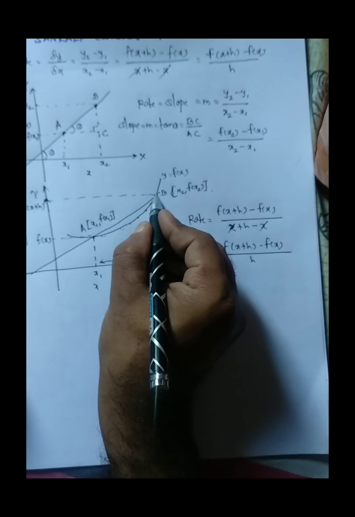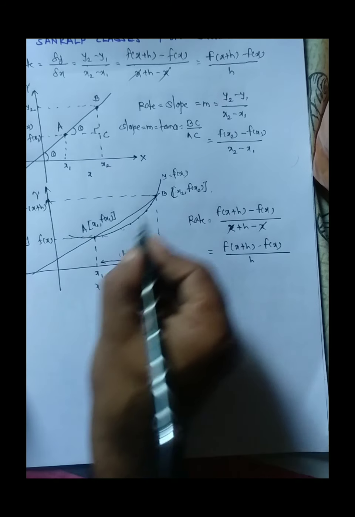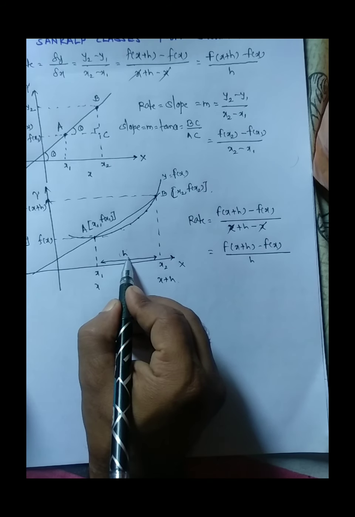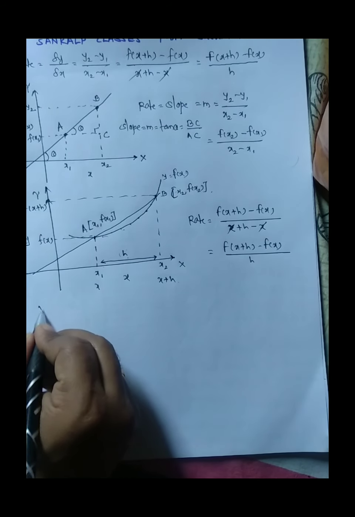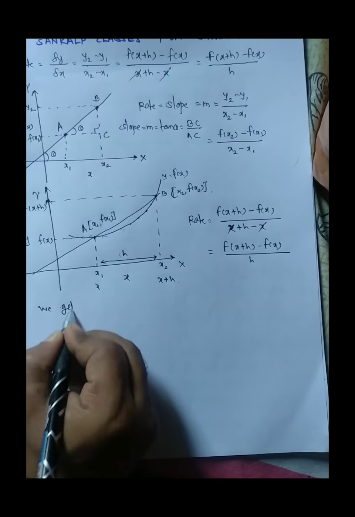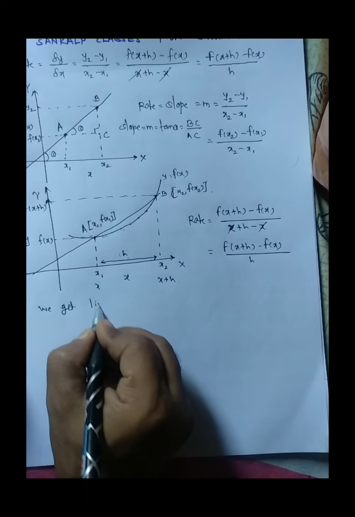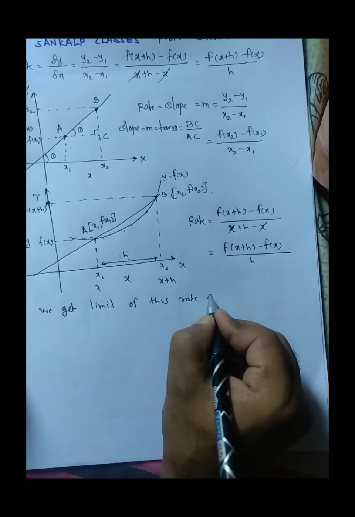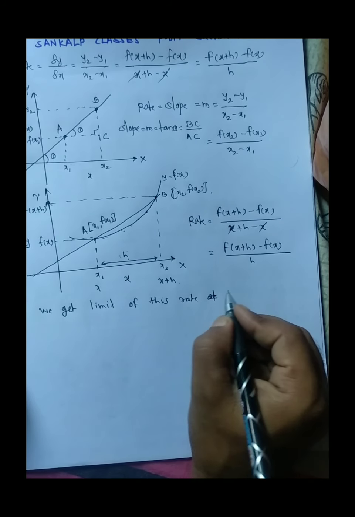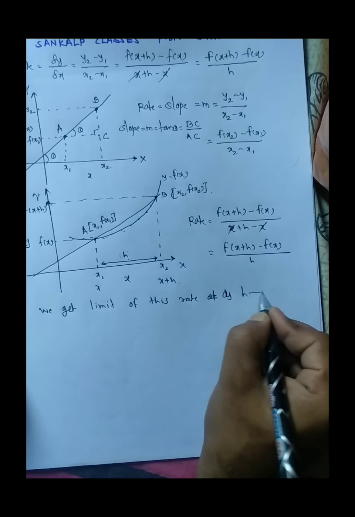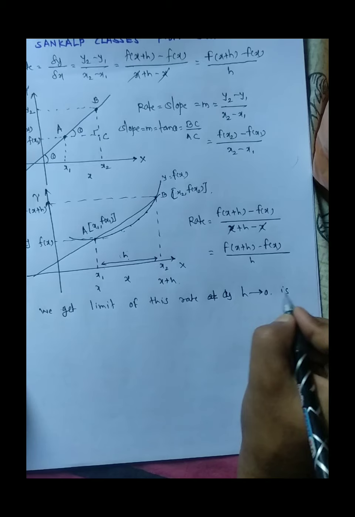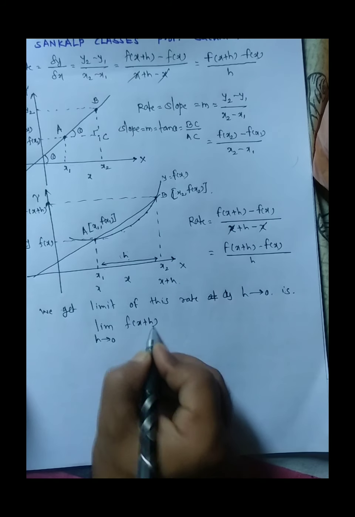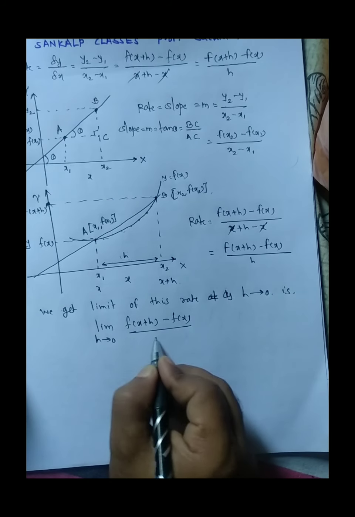That means when point B approaches point A, the difference between A and B on the x-axis approaches 0, and therefore we get the limit of this rate as h tends to 0, which is limit of h tends to 0 of f of x plus h minus f of x divided by h.